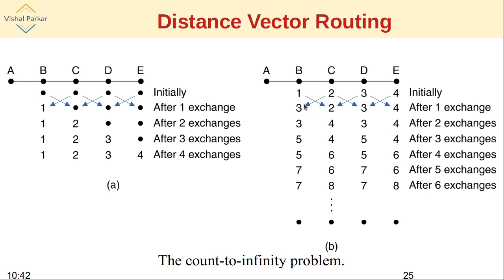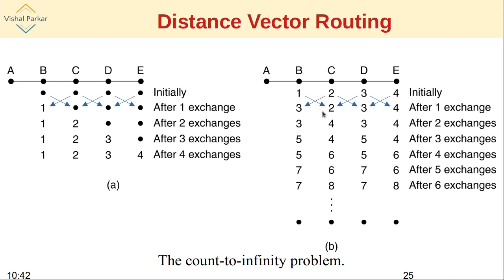C exchanges 2 to B, and similarly the previous hopping distances to A from the remaining routers will be exchanged to their neighbors, as shown with those arrows. This is what is called the vector exchange.